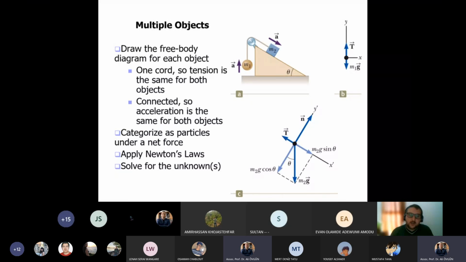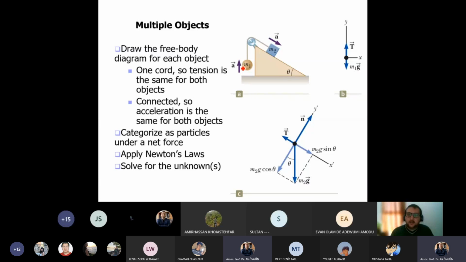If there is one cord, it means both objects are connected with the same rope, so the tension is the same for both objects. It is also important that the acceleration is the same in magnitude, but the direction can be different.